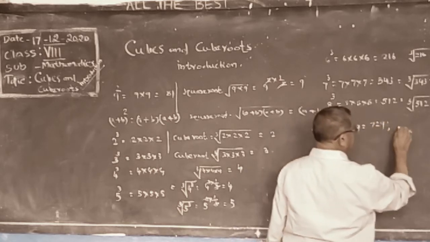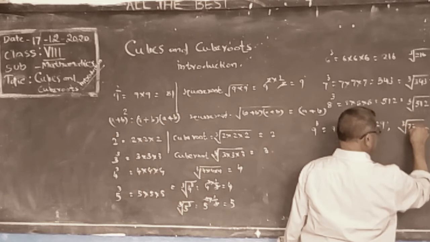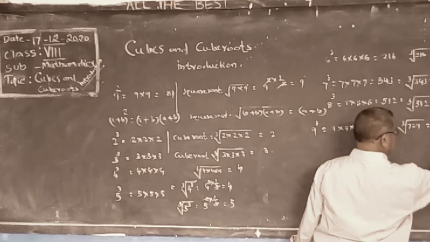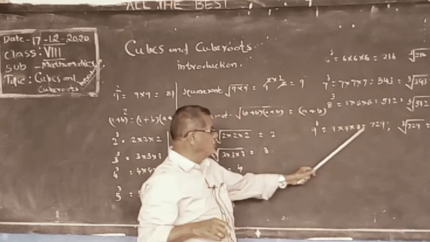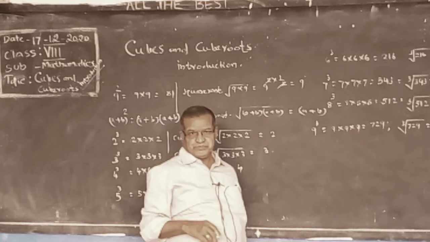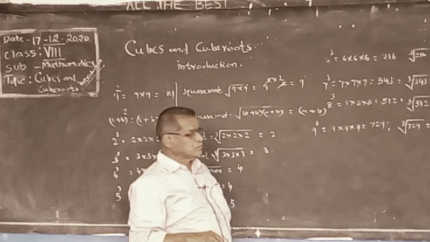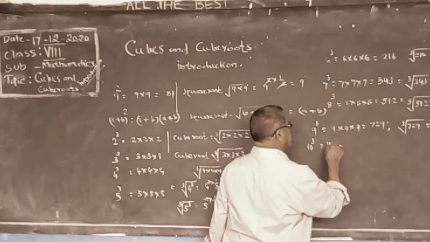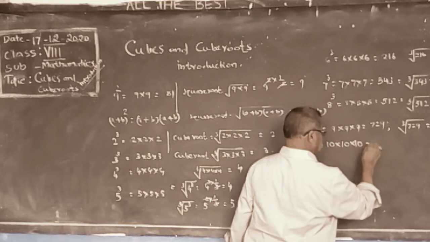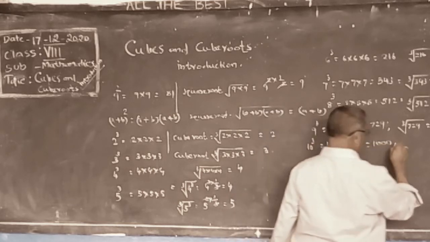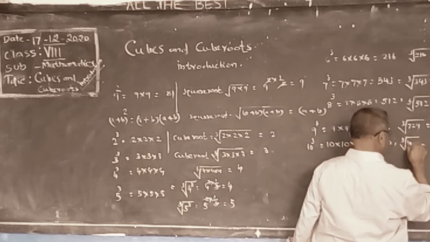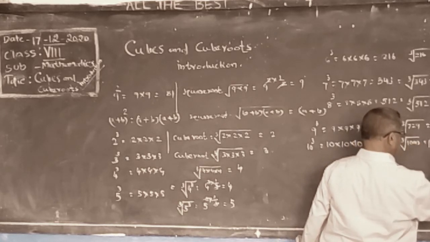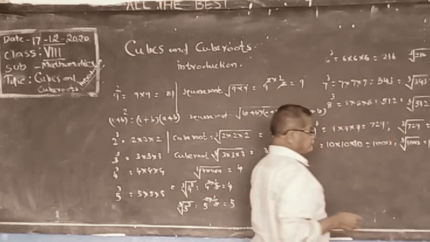And the cube root of 729, in short form, is 9 cube to the 1 by 3, that is 9. Or for every 3 numbers, you can take 1. Similarly, 10 cube, 10 into 10 into 10, that is 1000. The cube root of 1000 is 10 cube into 1 by 3, that is 10.